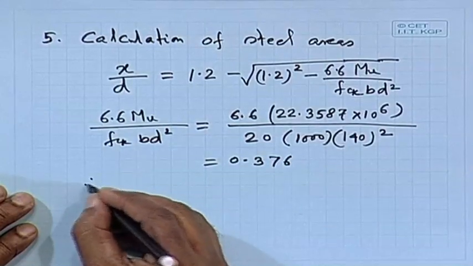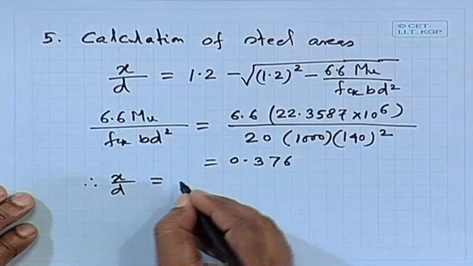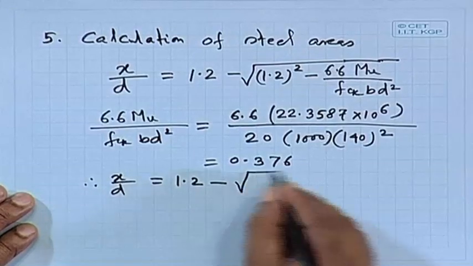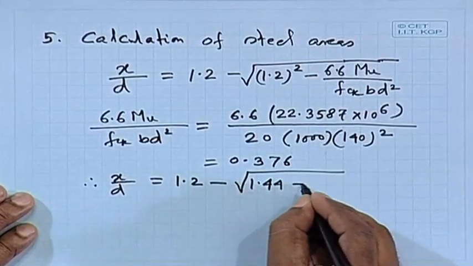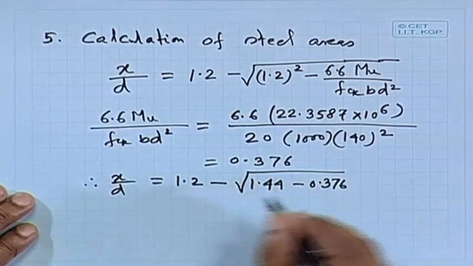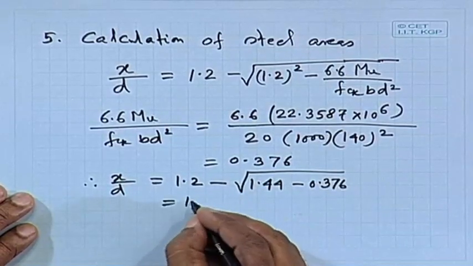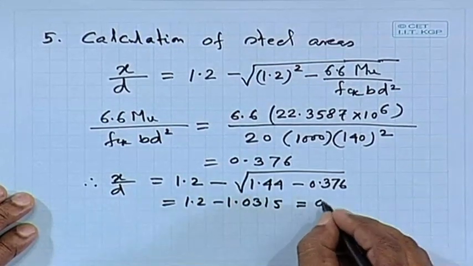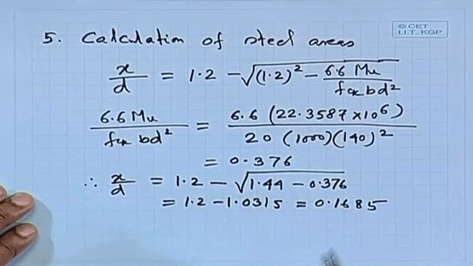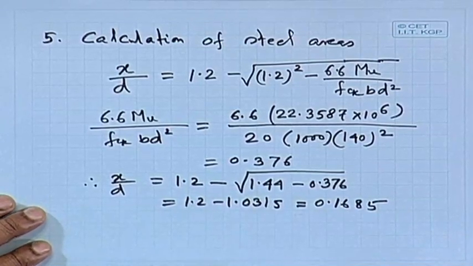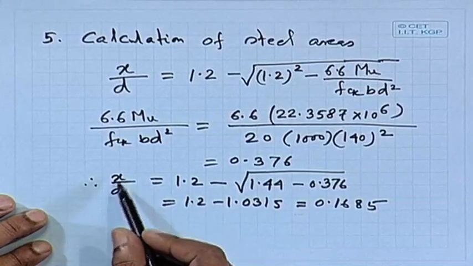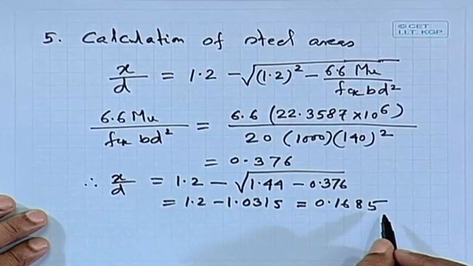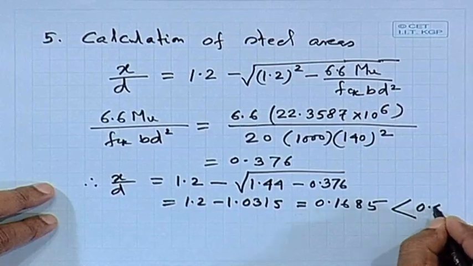Therefore, x by d equal to 1.2 minus root over 1.44 minus 0.376, equals 1.2 minus 1.0315, equals 0.1685. So, what about your z? Xu by d is less than 0.48. Let us write down, this is less than 0.48.